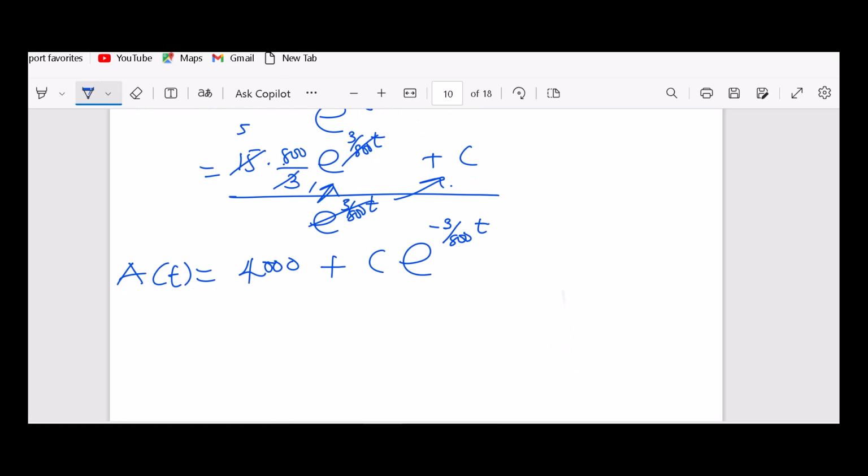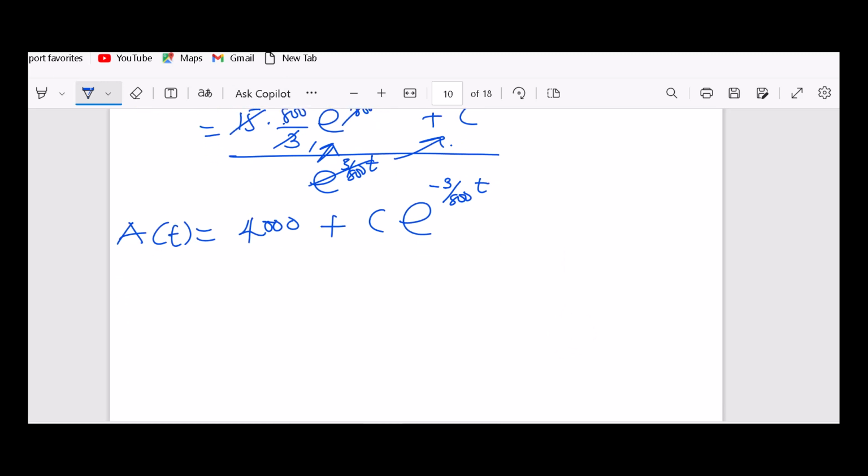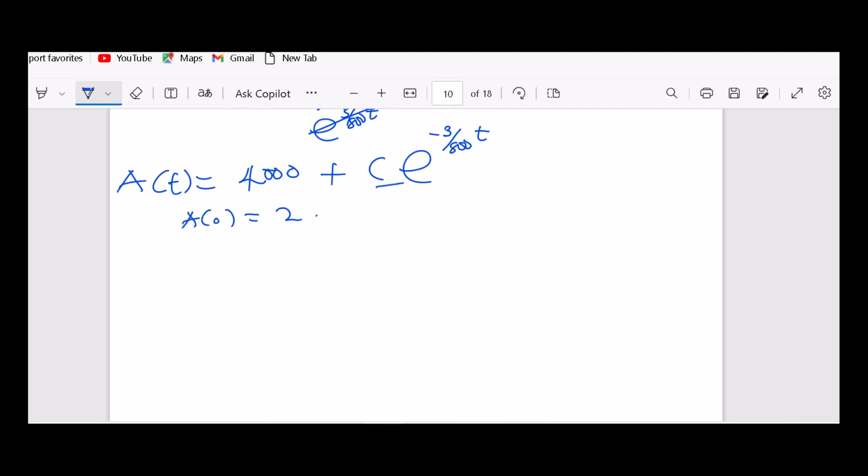Right now we have A of t here, but we're given that A of 0 equals 2, which we apply to find C. So A of 0 equals 4,000 plus C e power negative 3 over 800 times 0, all equal to 2.